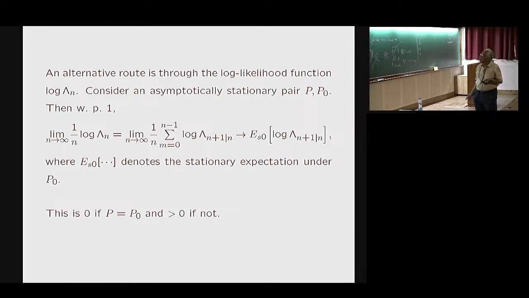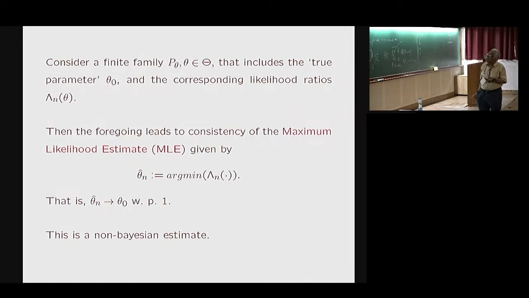You get the Kullback-Leibler divergence again. So it is 0 if the measures agree, or otherwise strictly positive. I already said this. If I take theta hat n to be the arg max of lambda n, it will converge to the true parameter.